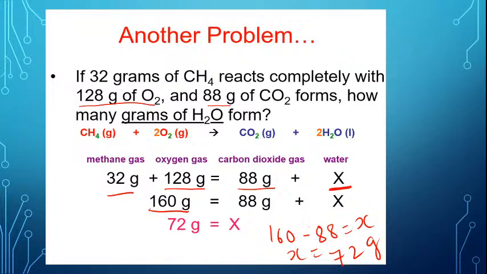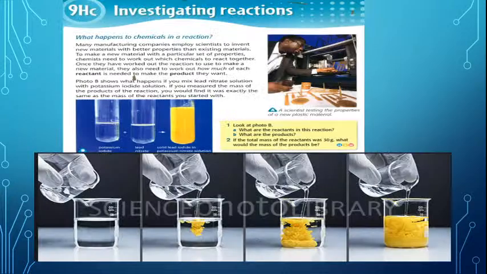Understood, Rishika? So let's go to the next slide. Now, since we have started with this, if we see this photo, what are the reactants in this? Obviously lead nitrate and potassium iodide. You can see both are colorless solutions.